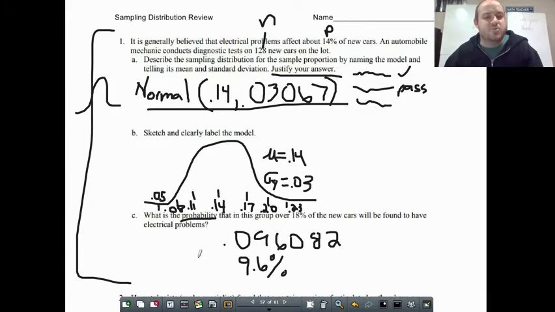A lot of times you do want to say what it is you put in your calculator. So maybe you guys want to start getting used to writing down how you would do it. So maybe you would put, hey, in the calculator I did norm CDF, and just write down some of the stuff that you put in there. So that would be the 0.14.